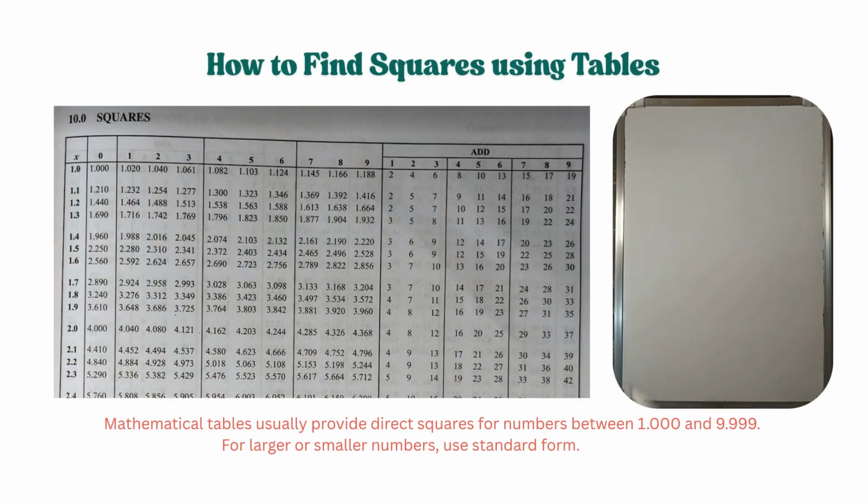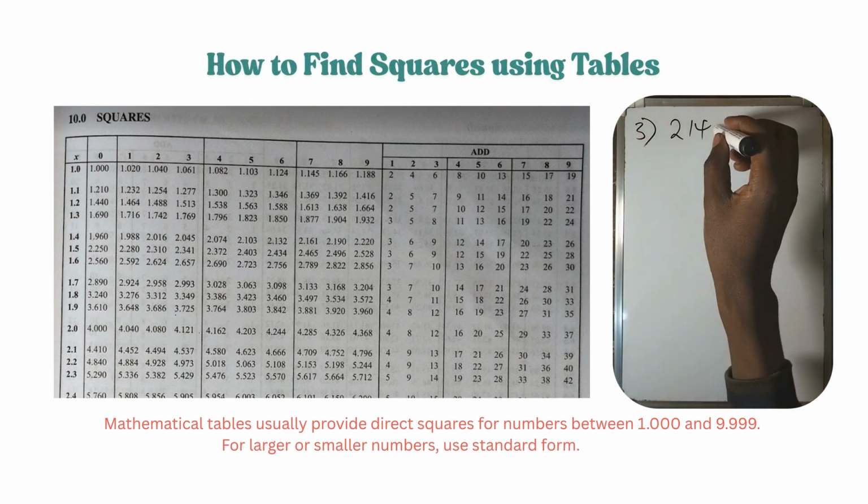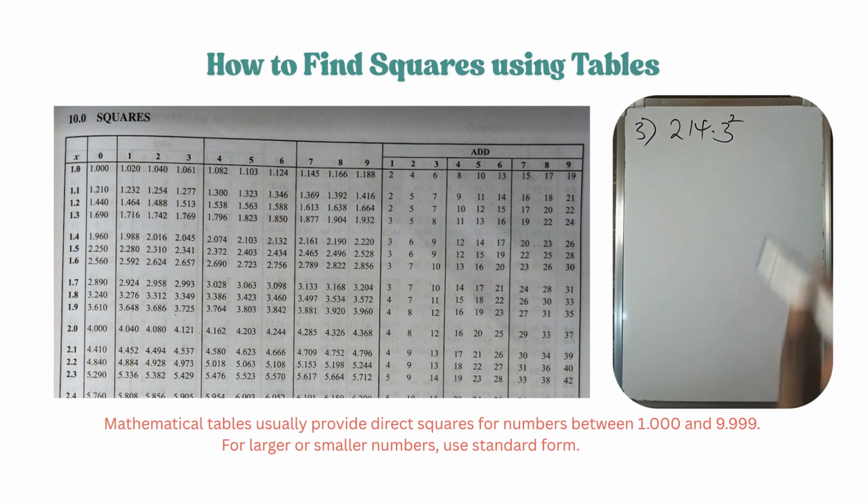Let's look at the third example. Let's find the square of 214.3.